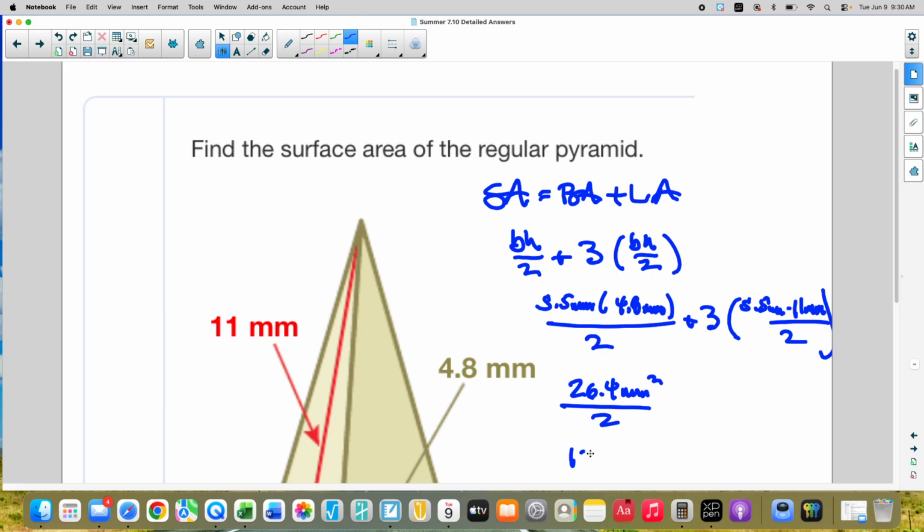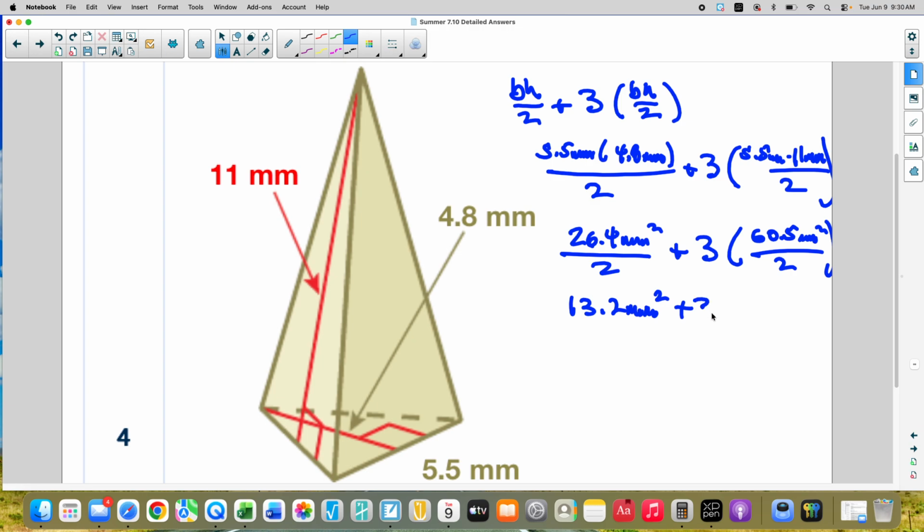Gives us 13.2 millimeters squared. And that's going to be 5.5 times 11, which gives us 60.5 millimeters squared divided by 2 gives us 30.25. 30.25 millimeters squared times 3 gives us 90.75 millimeters squared.